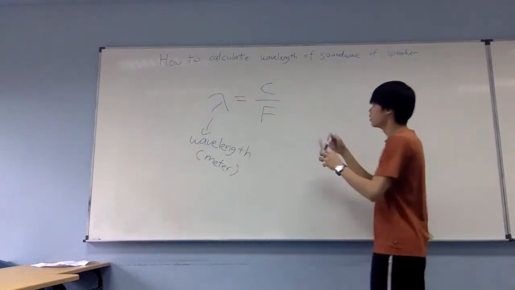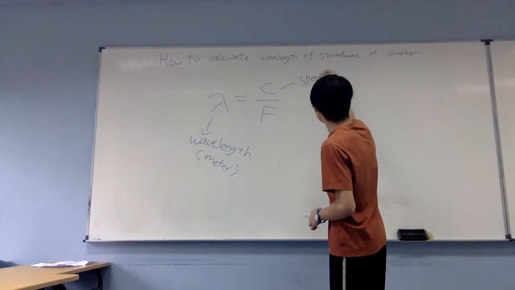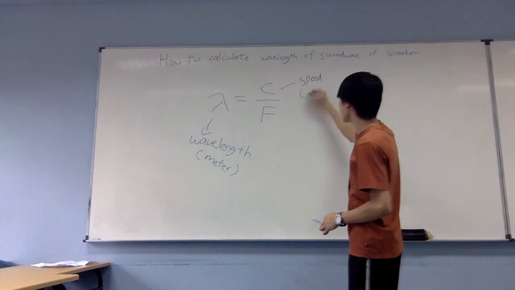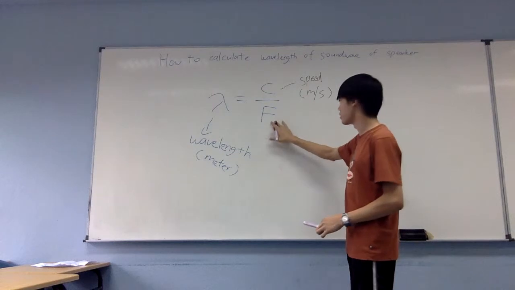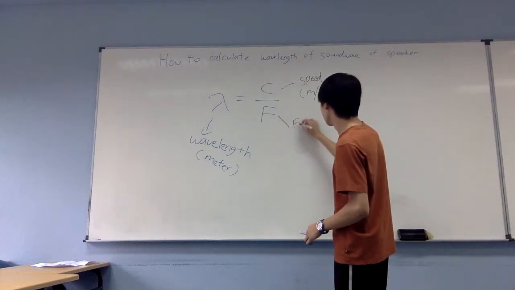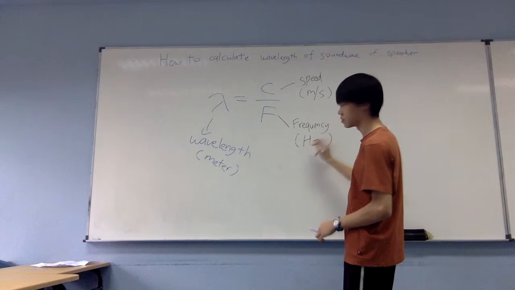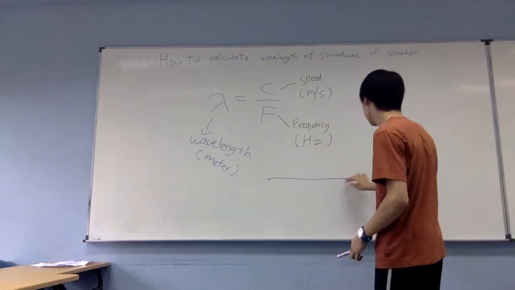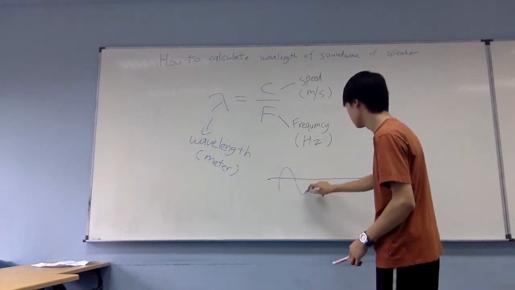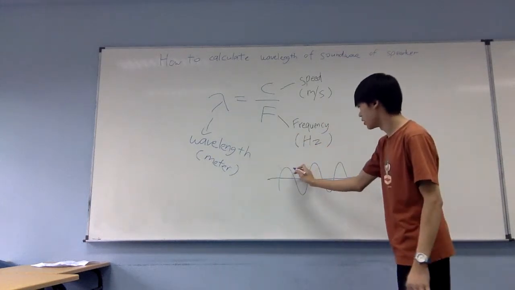C is the speed of sound, in meters per second. F is frequency, with the unit of hertz. So here's an example to find the wavelength, lambda.